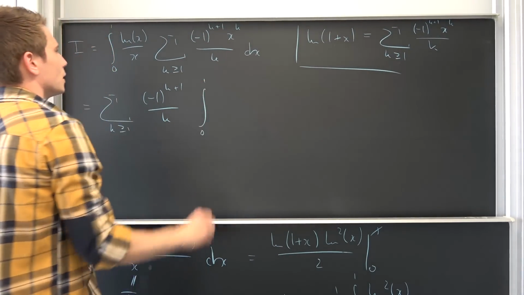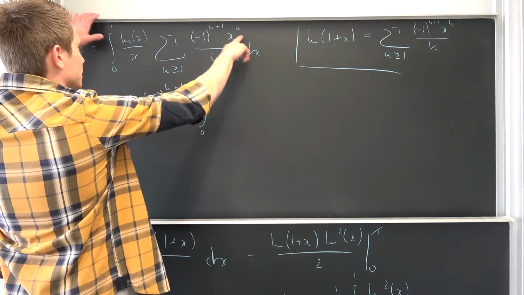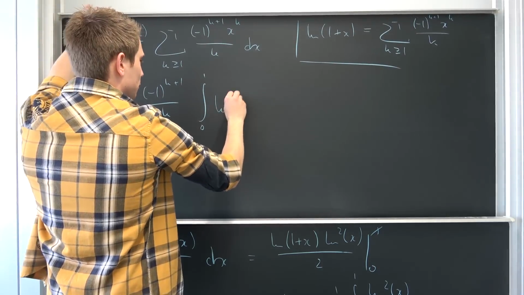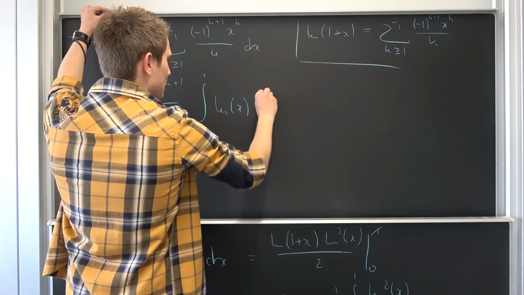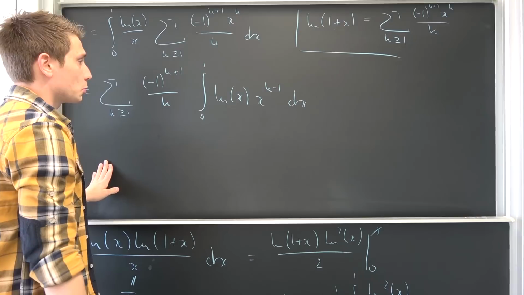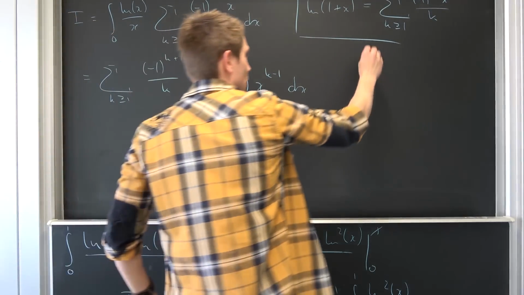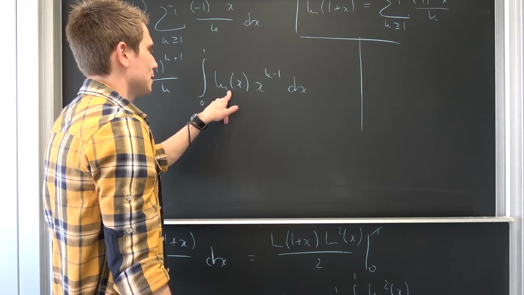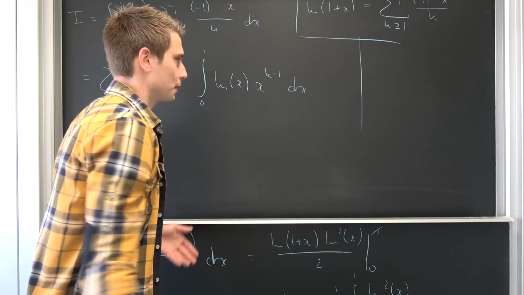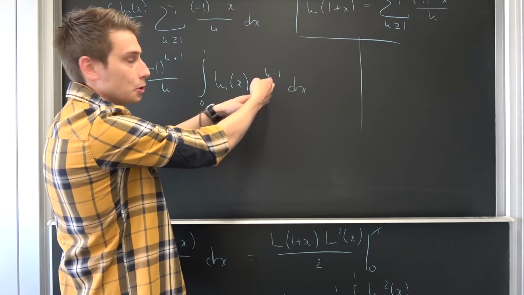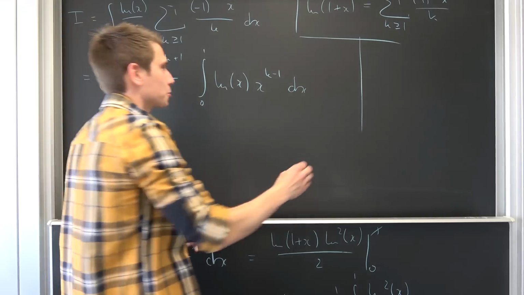Integral from 0 to 1 of x to the kth power, and this is going to be x to the k minus 1th power, so we are going to have natural log of x to the k minus 1th power dx. And yeah, now it's quite obvious how we are going to do integration by parts, okay? Because finding the antiderivative of natural log is kind of elementary, but not something we do in the normal case, so it's way easier integrating a polynomial than integrating a special function, I would say.